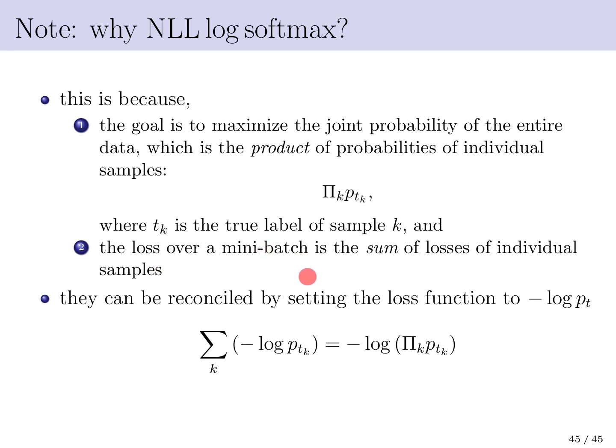So the effect of taking the log is to reconcile the slight difference between the sum and product. They can be reconciled by setting the loss function to negative log PT.